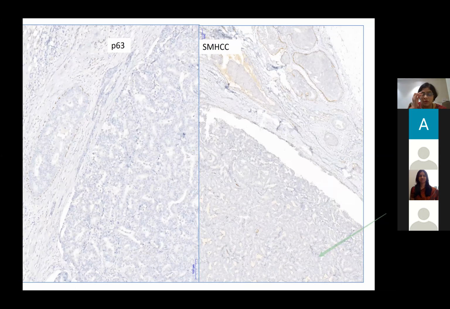The story, however, does not end here. And this is another case of encapsulated papillary carcinoma, where at the periphery you get invasive carcinoma. Now the whole behavior of encapsulated papillary carcinoma is determined by the presence of this invasive cancer.